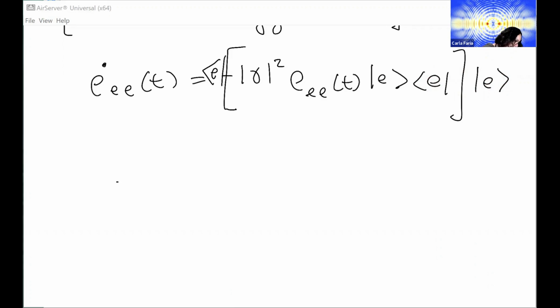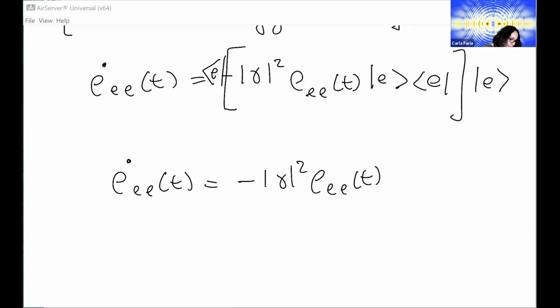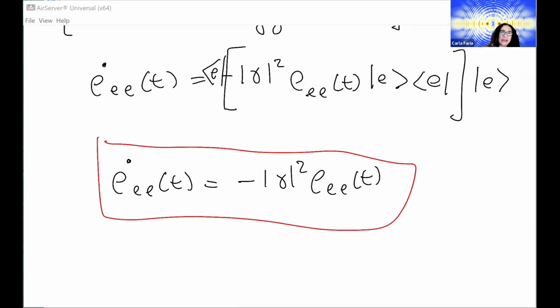So this gives you rho_EE dot(t) is minus gamma squared rho_EE(t), which is a good result because this is a first order differential equation on rho_EE(t).